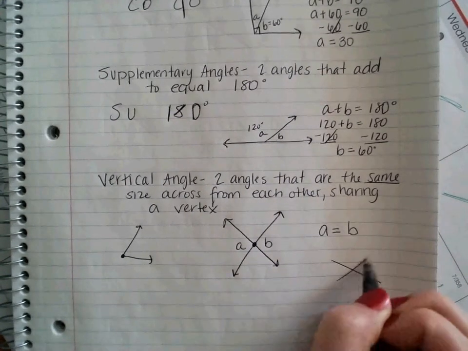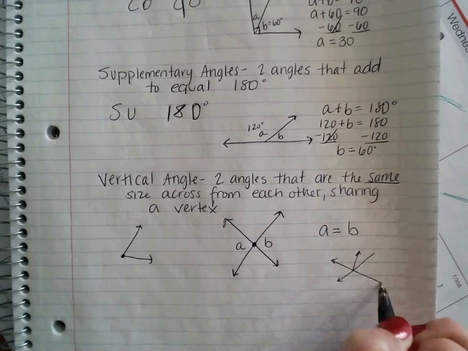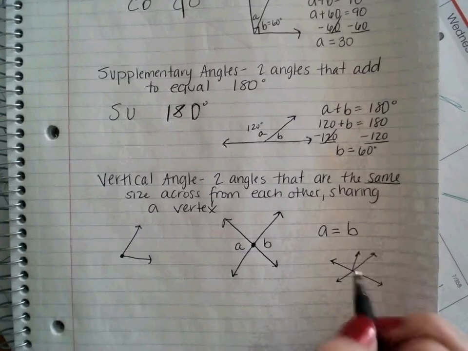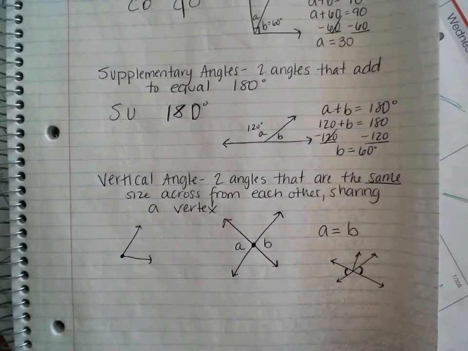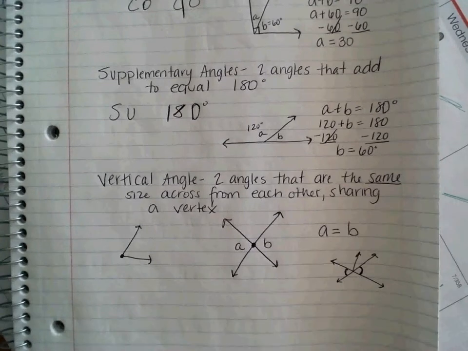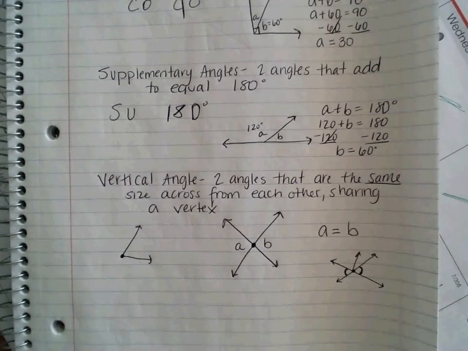So if I draw something like this, and you're going to have some things try to trick you up by drawing extra lines, we still have this angle is the same as this angle. So make sure you're careful looking. They are the same. They are across from each other. They have to be touching by the vertex. Okay?